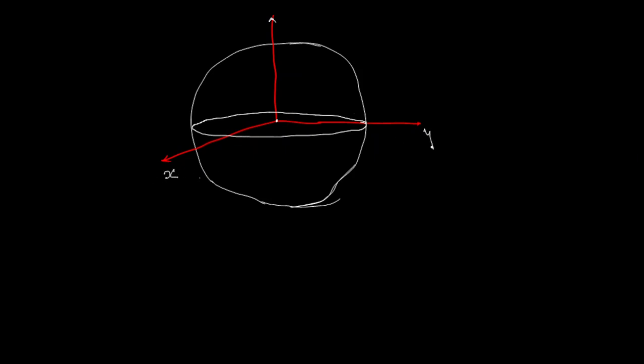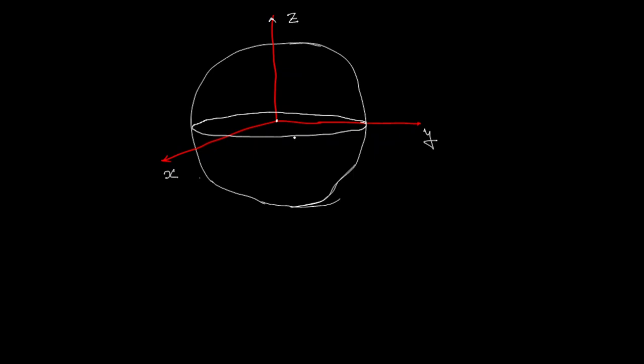Let's say this is the z-axis, this is the y-axis, and this is the x-axis. And this is the origin of the rectangular coordinate system, as well as the center of the sphere.